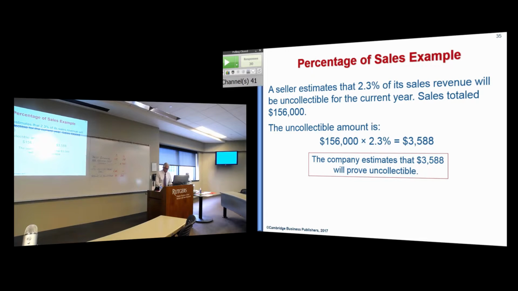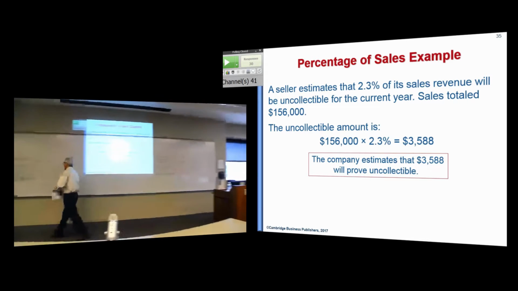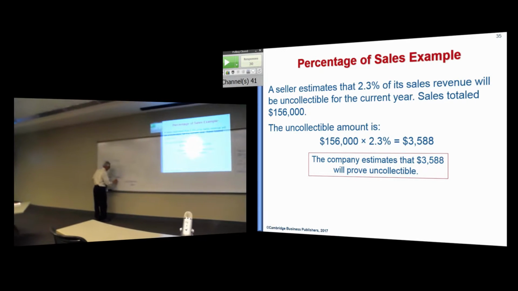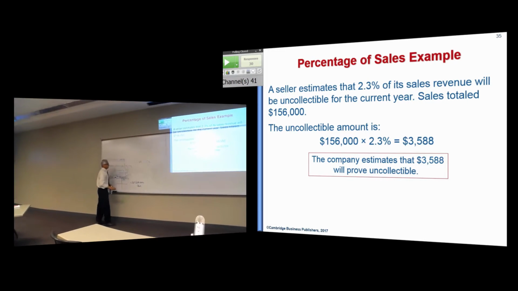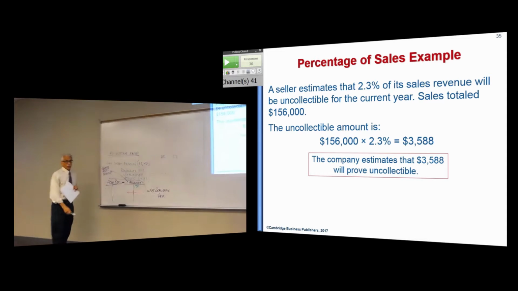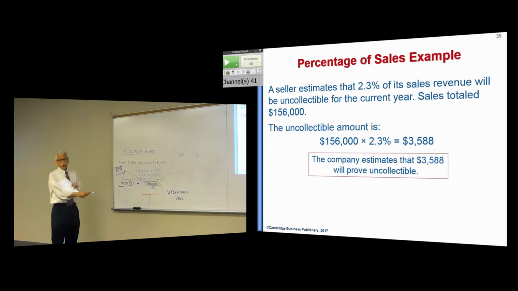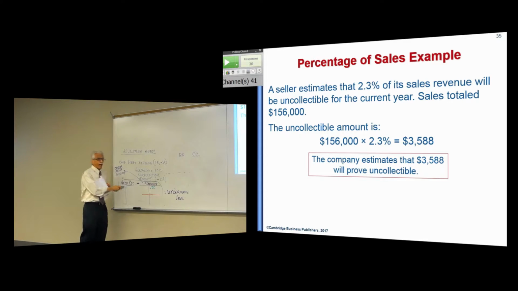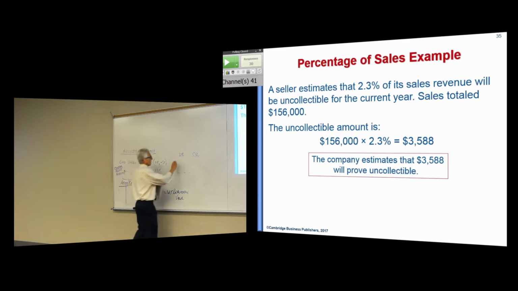So in this case, if I have a balance in here, let's say I have a balance of 100, what journal entry do I make? I don't have a target balance. I don't really care about the balance of the allowance account. In this case, I don't care about it as much as what? Matching. So here, I've got $3,588,000.